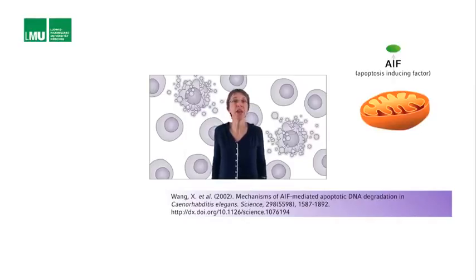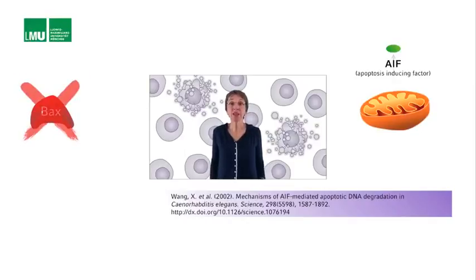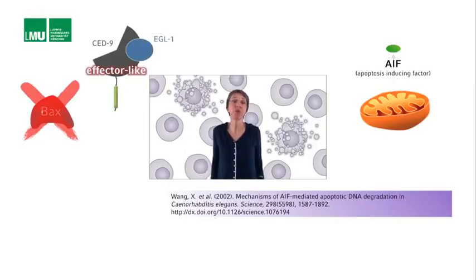If that was the case, who is responsible for this permeabilization? Effectors such as BAX? Remember, there is no BAX in C. elegans. But I also told you a few sections ago that in cells destined to die, SED9 adopts a pro-apoptotic function.